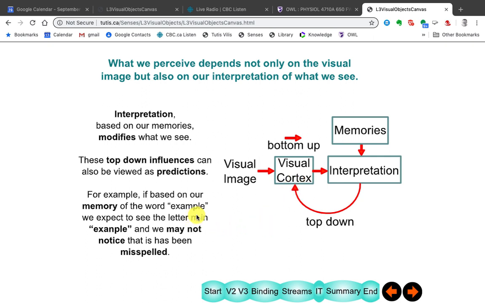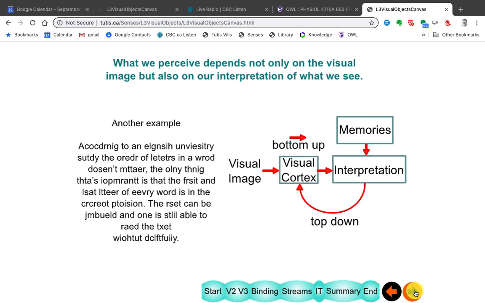In the same way here, if you misread this word over here, you might not see that the letter N is here and not the letter M. If you look at this, try reading this.